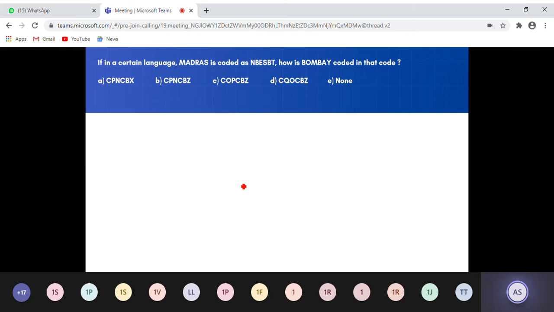Start with the first question. The first type: in a certain language, Madras is coded as NBESBT. How is Bombay coded in that language?